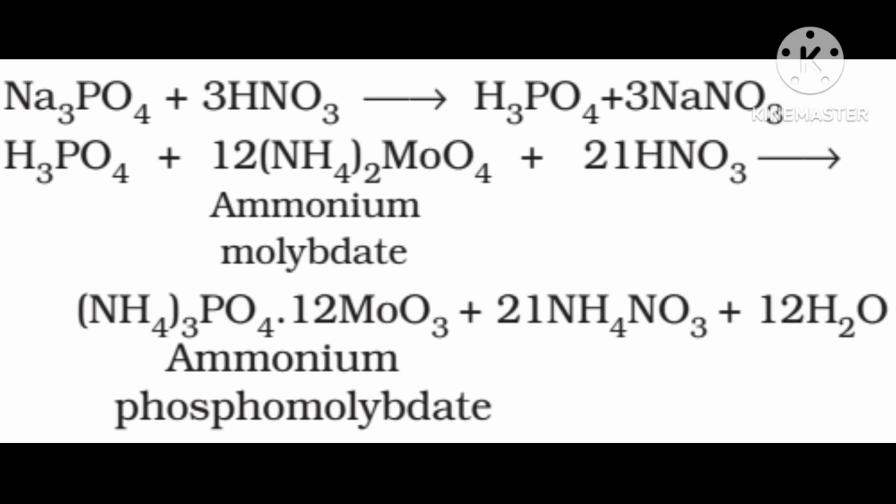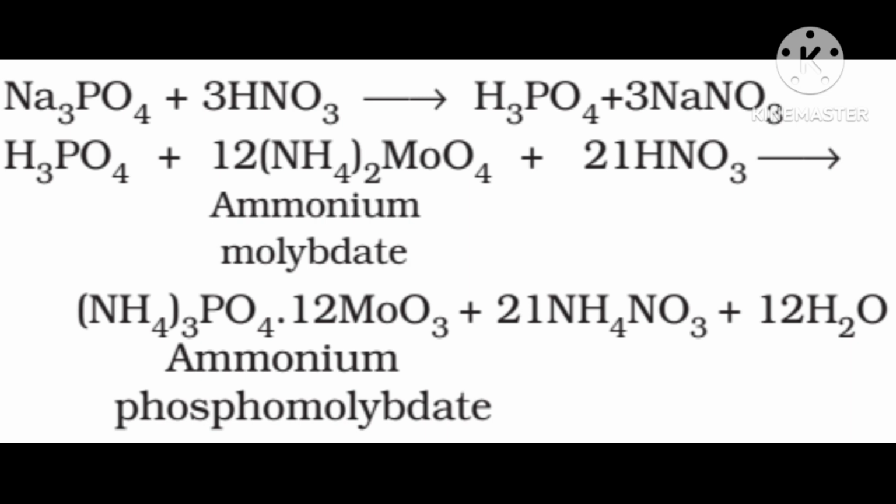This reaction is special, you will remember quickly, because in other reactions you will not get coefficients like 12 or 21. Here ammonium molybdate is 12 moles and nitric acid is 21 moles. After the reaction it will give ammonium phosphomolybdate.